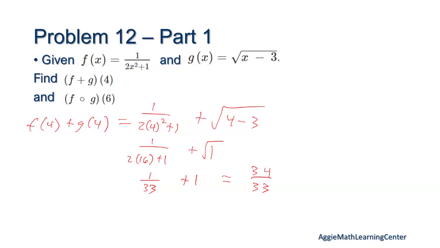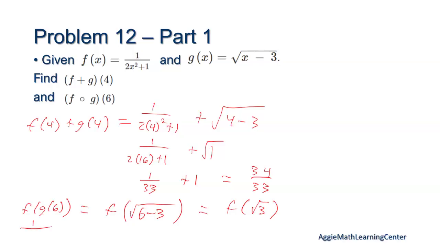And then if we do f of g of 6, this is g of 6, the square root of 6 minus 3. You can simplify that to the square root of 3. Now if you were to plug the square root of 3 into your function f, then you get 1 over 2 times the square root of 3 squared plus 1.